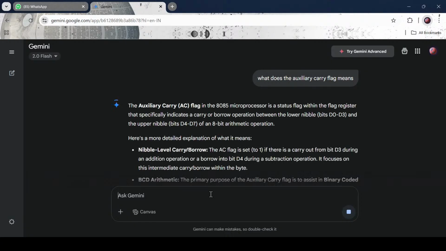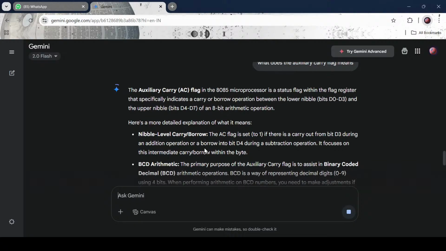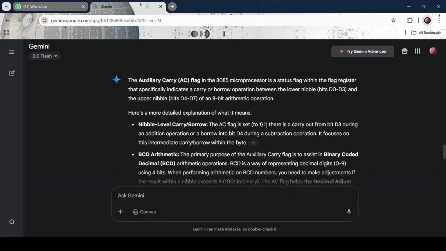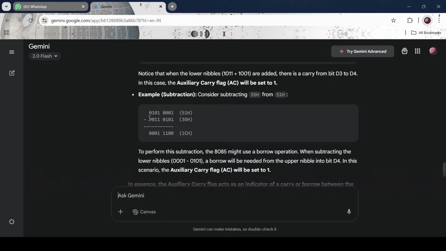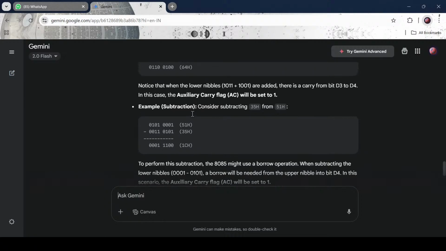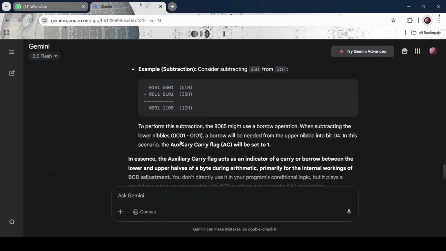The auxiliary carry flag AC, it means nibble level carry, set to 1 if there is a carry out of bit D3 during an addition. Here's the example: 51H and 35H. To perform this subtraction, the lower nibbles are 0001 and 0101. A borrow will be needed from the upper nibble.